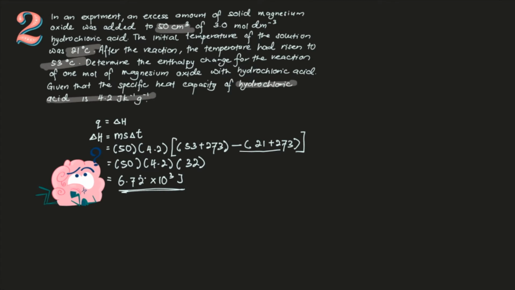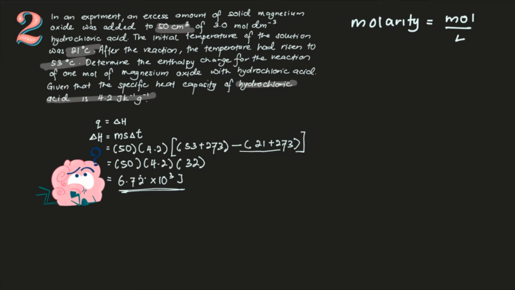Right, now you were asked to determine the enthalpy change for the reaction for 1 mole of magnesium oxide, right? So we need to know how many mole of magnesium oxide is really in here. In order to do that, we need to know how many moles of hydrochloric acid are available in this reaction. Given to you in this question is the molarity of your hydrochloric acid. Molarity is equivalent to mole over liter.